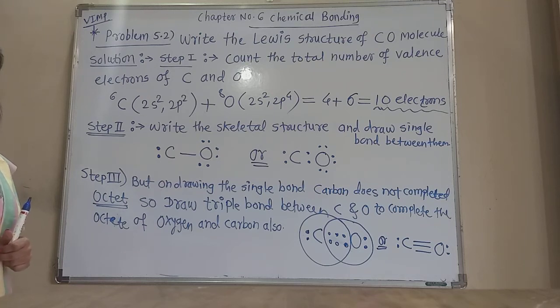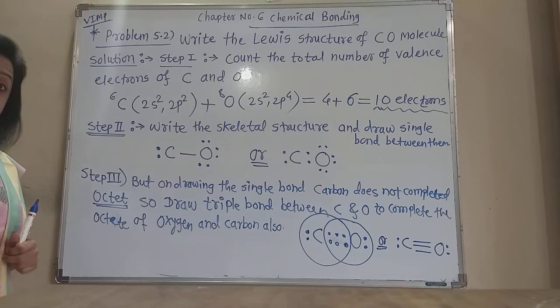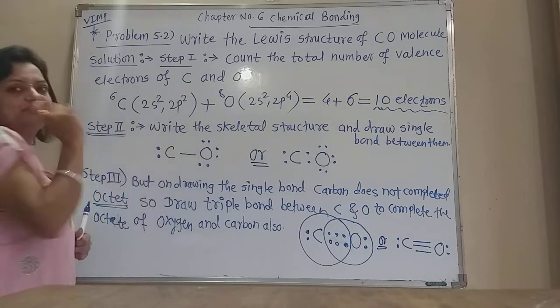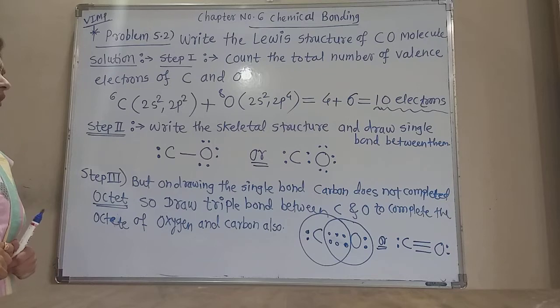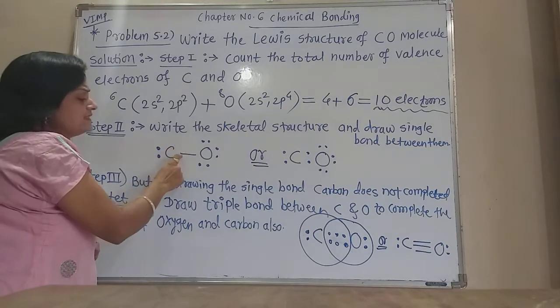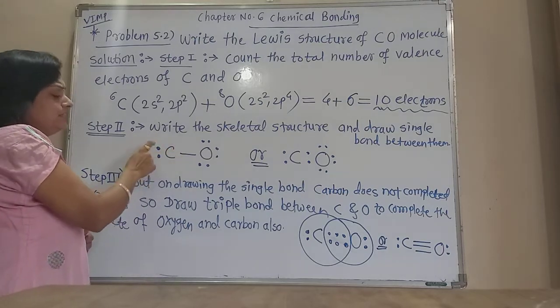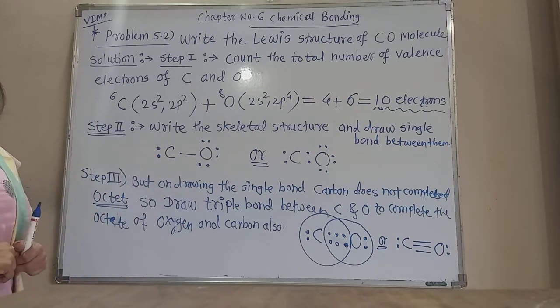So we must put a triple bond between carbon and oxygen. For a triple bond, 6 electrons are required between them, and with this 6 electrons and the 2 electrons, carbon completes its octet.